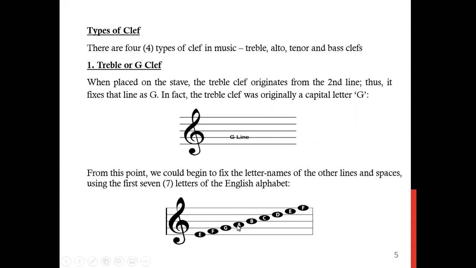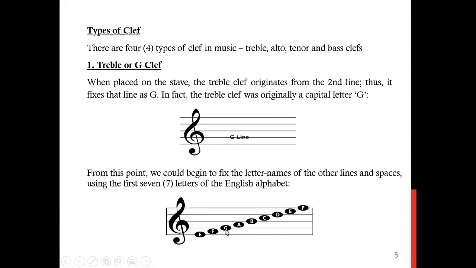We're just going to put A. And then the next thing you find there is a line, so it's going to be B, isn't it? Then the next thing after B is a space, and that's going to be C. And then the next one will be a line, which is going to be D. And then the next one is going to be E. And then the next one is going to be F.